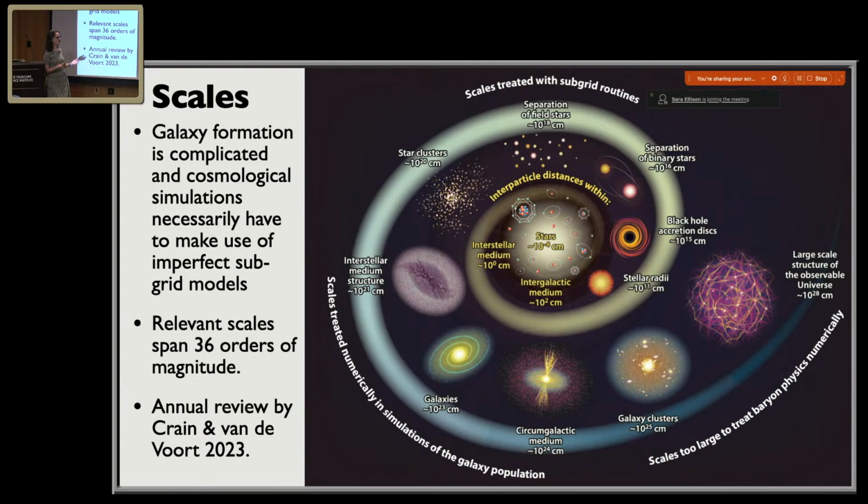But one of the main problems that we have as simulators is that the range of scales relevant in galaxy formation and star formation is huge. This is a cartoon from one of my recent reviews, and it spans 36 orders of magnitude.